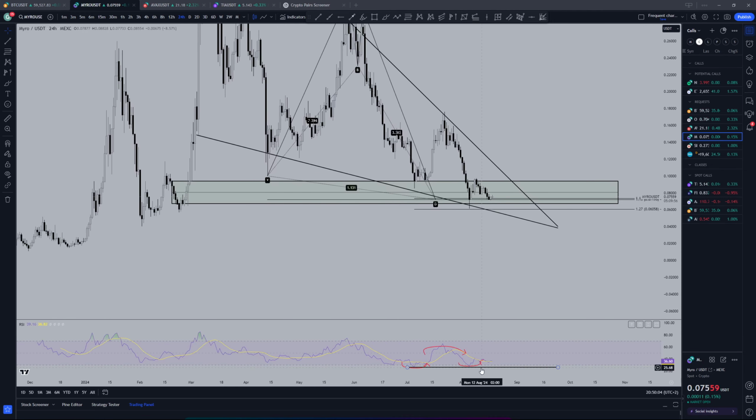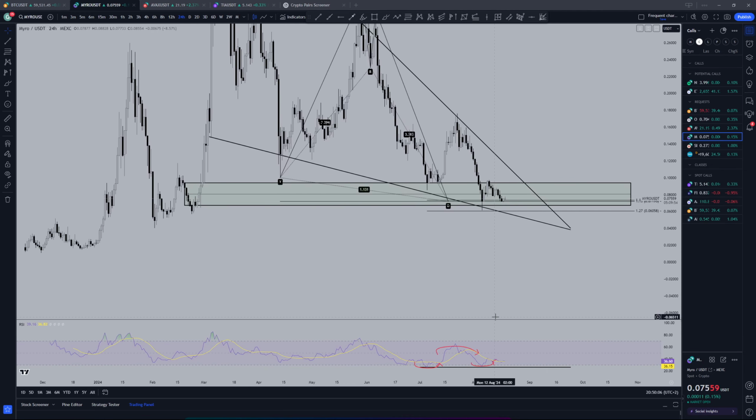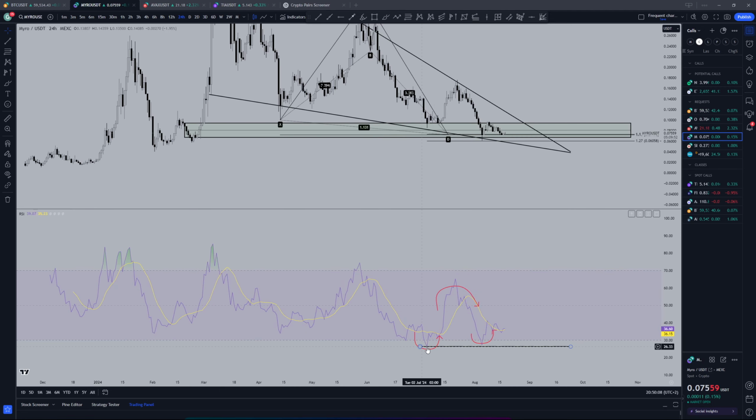While forming that higher low on the RSI, you get to the oversold level, tap the 50 level, and then form a higher low on the RSI, which is confirmed the moment you close above that 30 level.